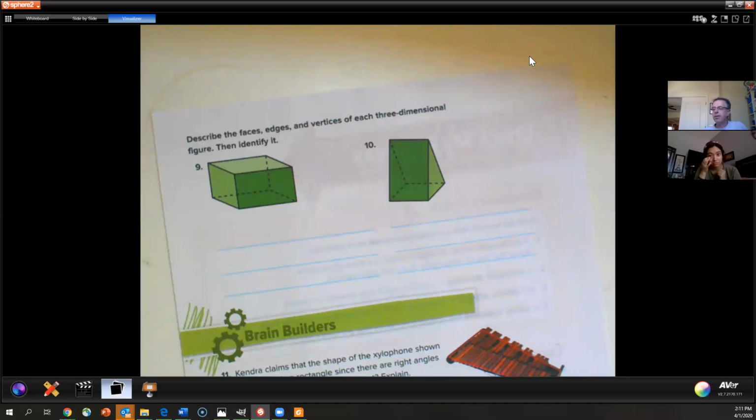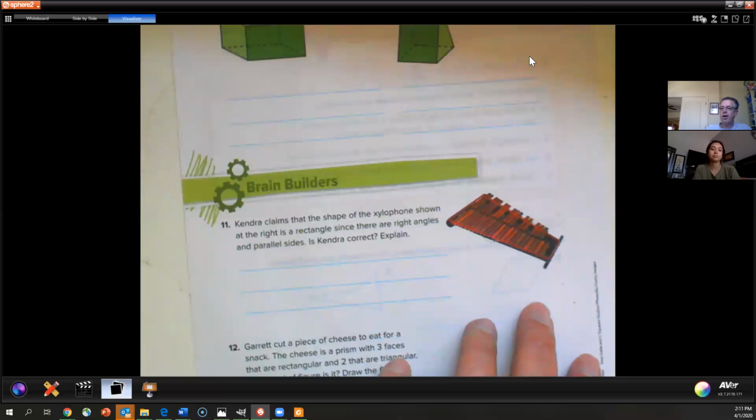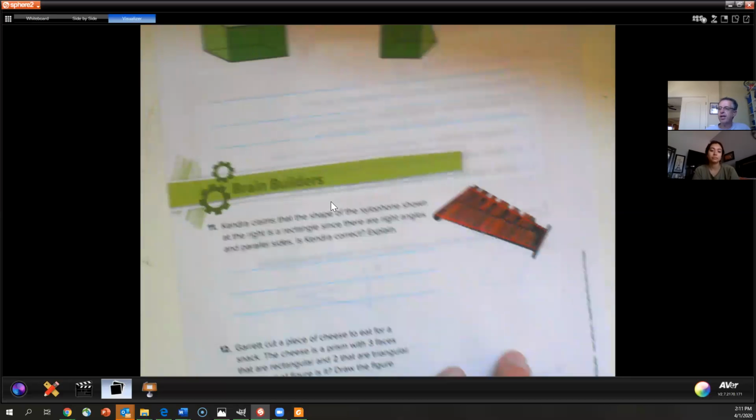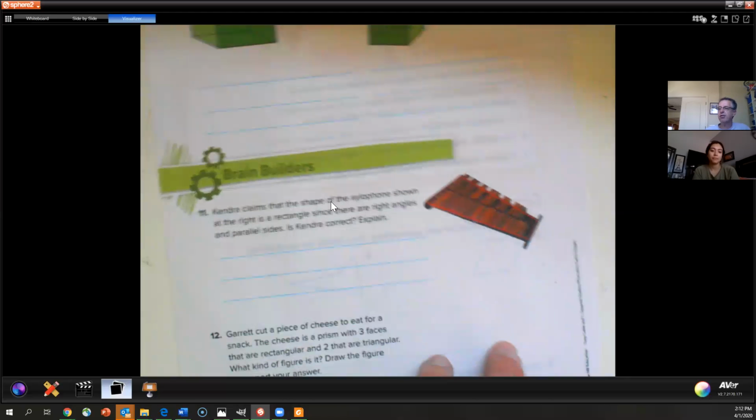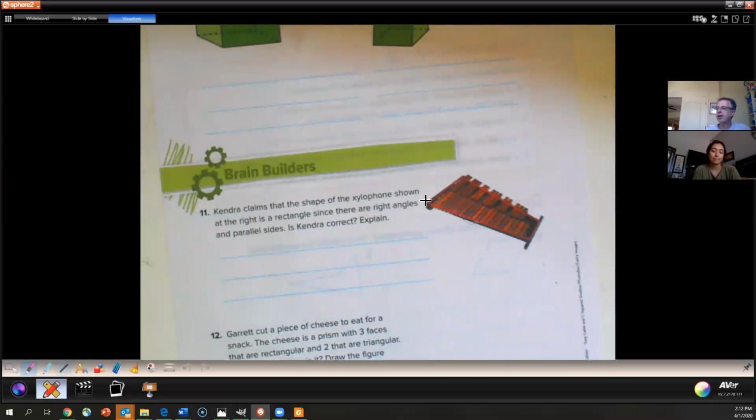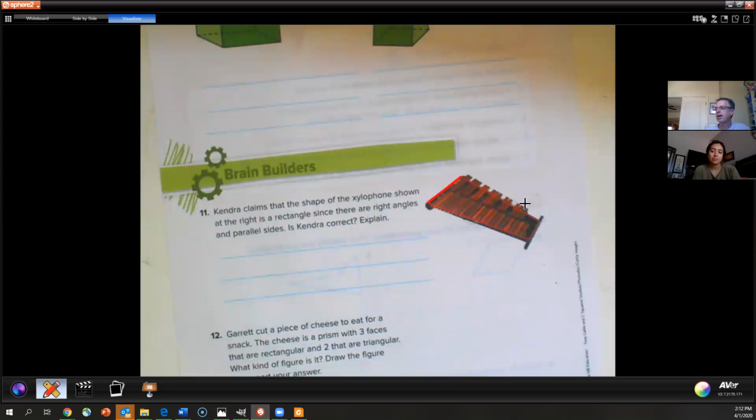Great. And there's just a few more that you're going to need to be working on today on the Check My Progress quiz. First of all, there's one here about Kendra. She claims that the shape of the xylophone shown at the right is a rectangle since there are right angles and parallel sides. Is Kendra correct? In case you're not sure, the shape is going to be outlined right about here so you can see it.